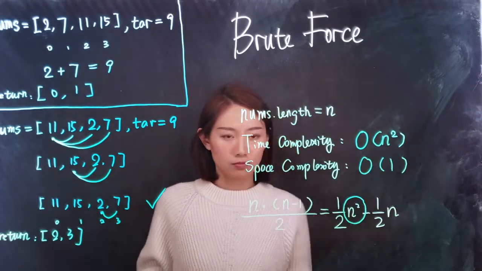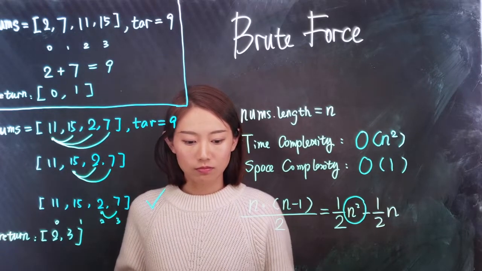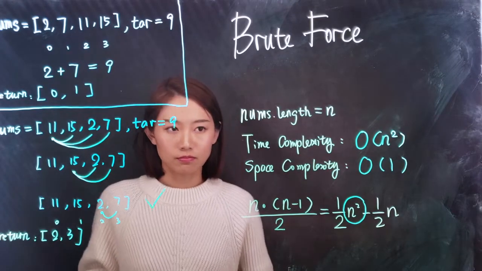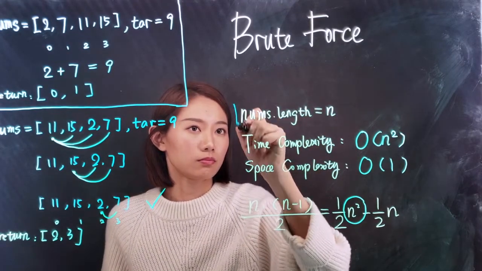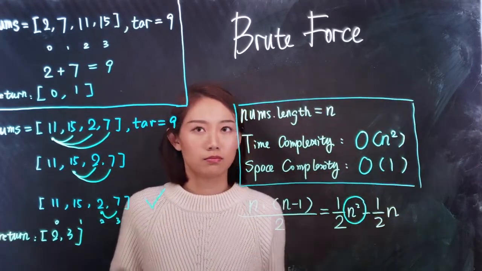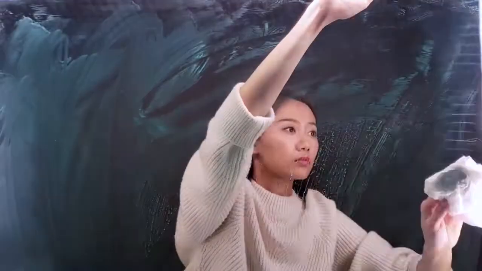Now that we know the brute force solution is not optimal, how can we optimize it? I'm asking you to take a look at this problem and think, theoretically, what's the lowest time complexity possible? Because that's typically our goal when it comes to optimizing an algorithm.